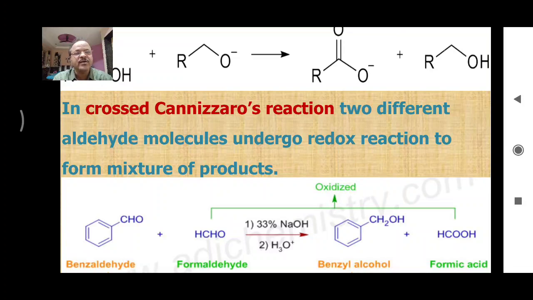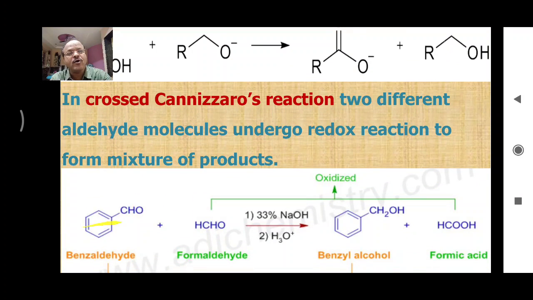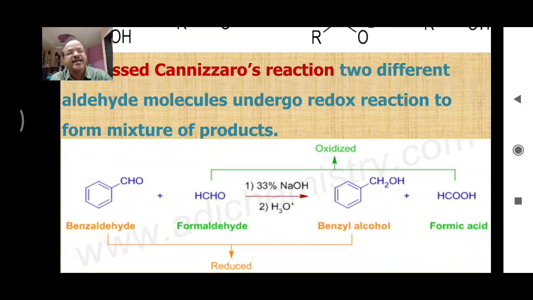In simple Cannizzaro reaction, two molecules of the same aldehyde undergo condensation, but in crossed Cannizzaro reaction, one benzaldehyde molecule reacts with another aldehyde which is called formaldehyde. In case of simple, two molecules of benzaldehyde or two molecules of formaldehyde were condensing with each other, but in case of crossed Cannizzaro reaction, one molecule of benzaldehyde undergoes condensation with a formaldehyde molecule.